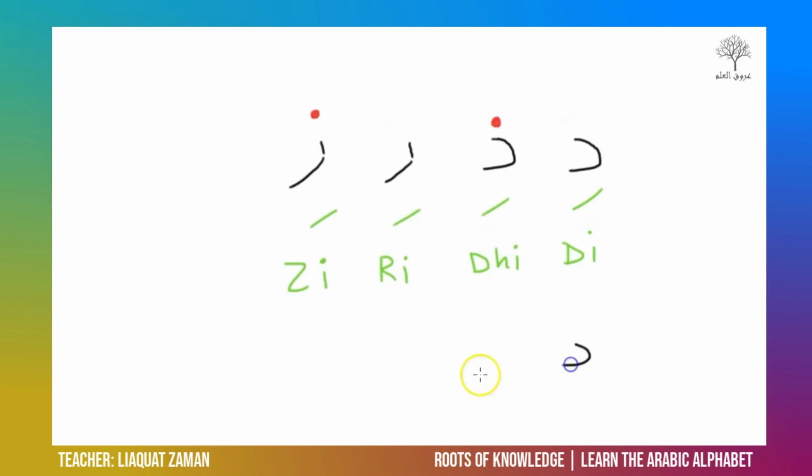So let's say we had this, and we had this. How would you pronounce this?